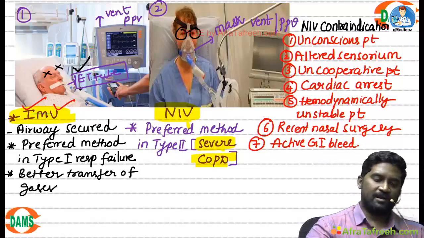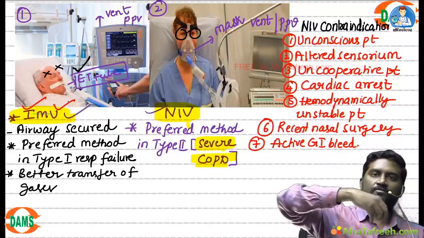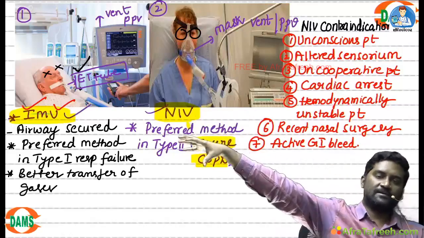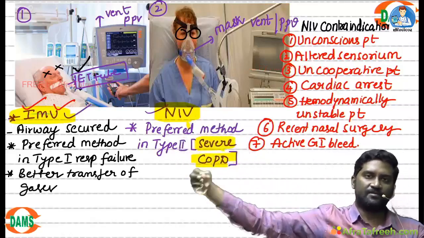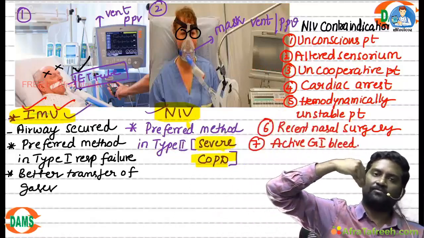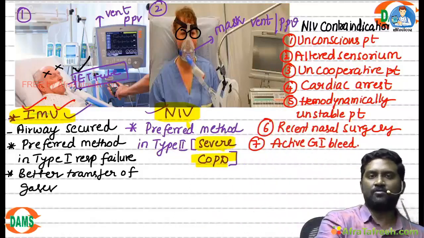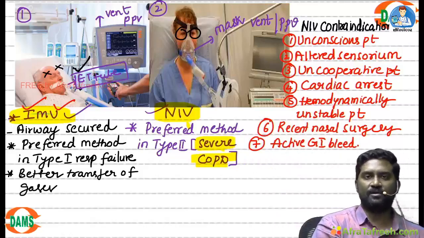Moreover, in NIV you are not putting any tube. In IMV you are putting a tube. So when there is a tube and it is connected to a ventilator, that ventilator itself is a huge source of microorganisms. From the ventilator, the organisms can go into the tube. From the tube, it can go into the patient's lungs and cause ventilator associated pneumonia.